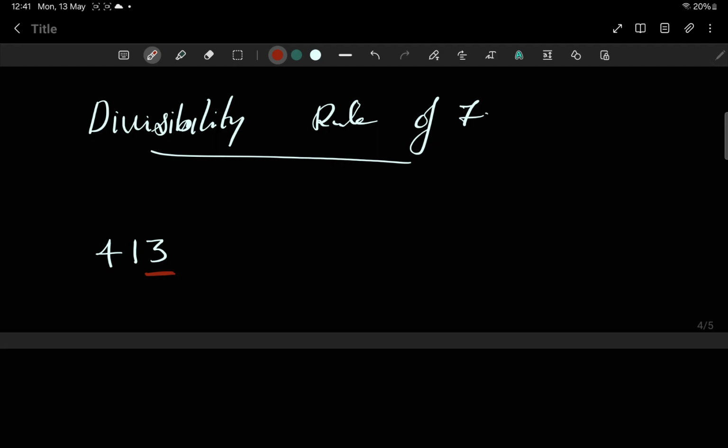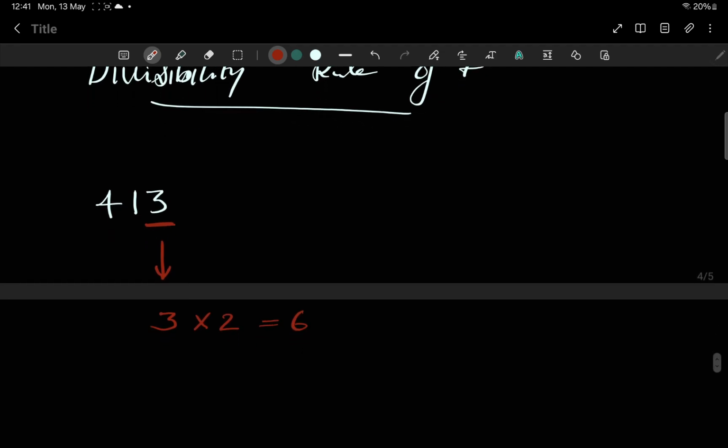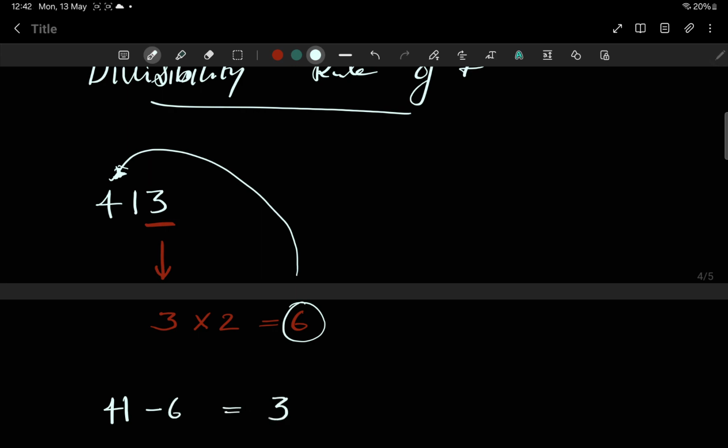Here it is 3. We need to multiply this last digit by 2. So 3 into 2 equal to 6. After that, you need to subtract this 6 from the remaining number. You have already taken 3, so the remaining number is only 41. So 41 minus 6, you'll get 35.